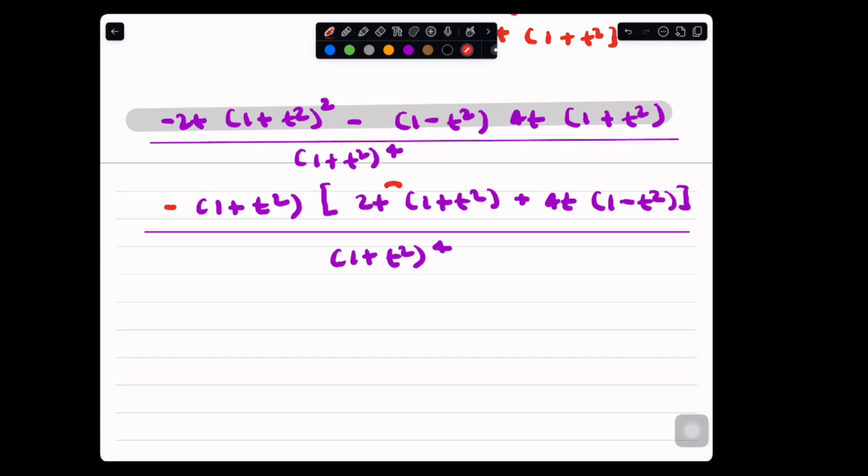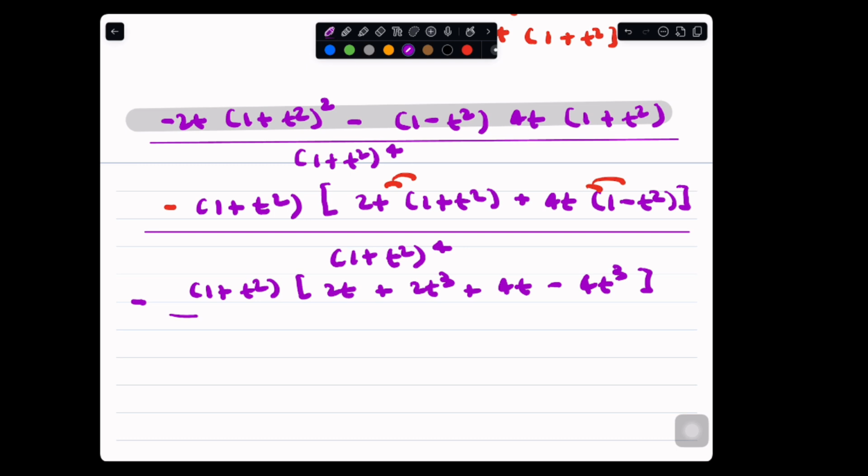Here, we're going to have to distribute. This is why I did what I did. But don't forget, there's a negative 1 plus t squared. Now, this will be 2t plus 2t cubed plus 4t minus, looks like it's 4t cubed. Double check.